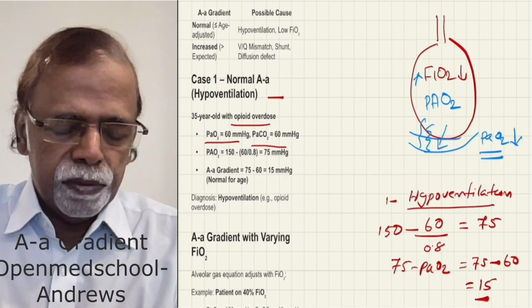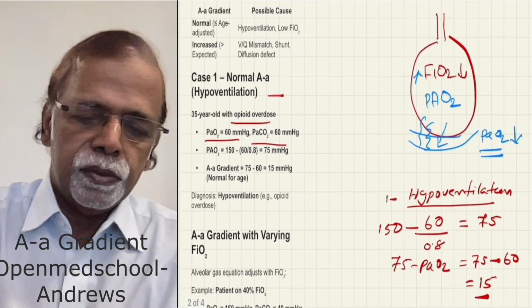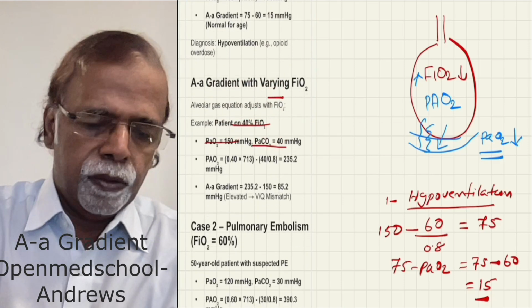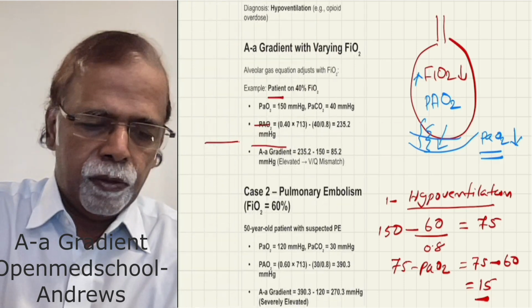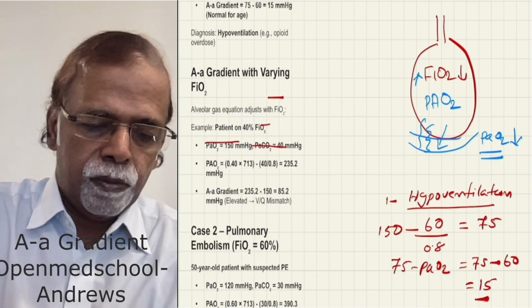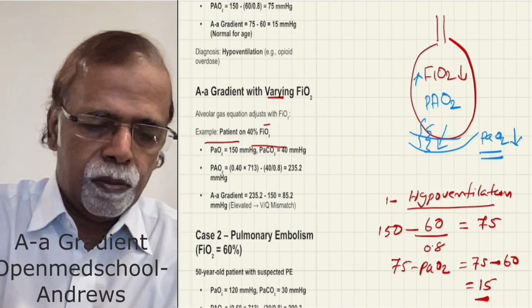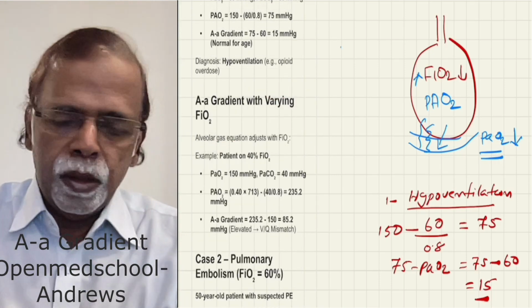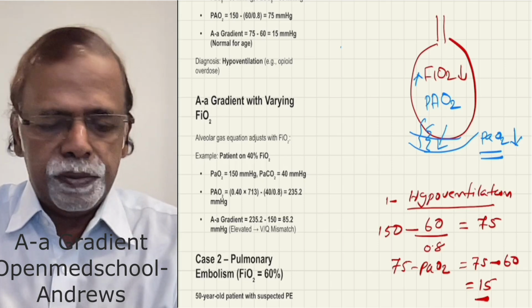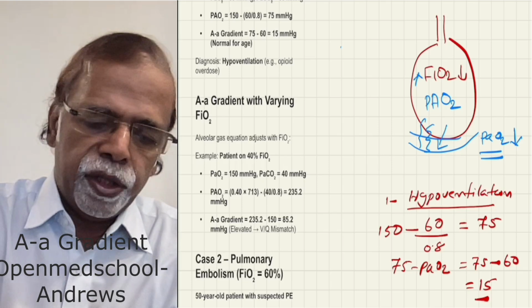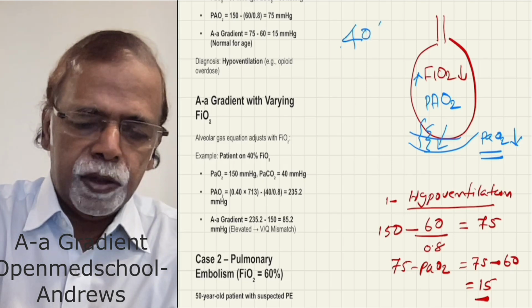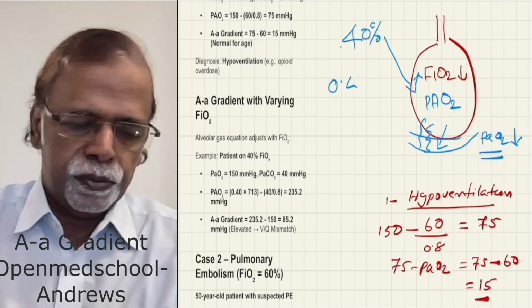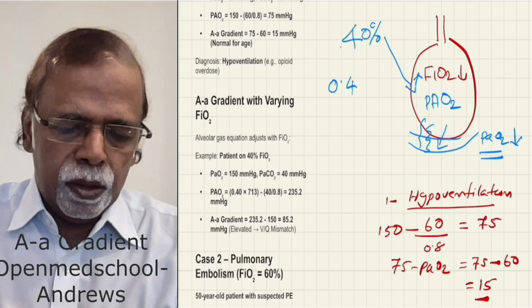So let us take an example. A patient with ARDS is on 40% oxygen, that is the FiO₂, so it will be 0.4.